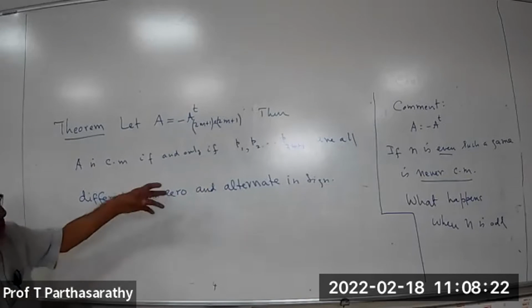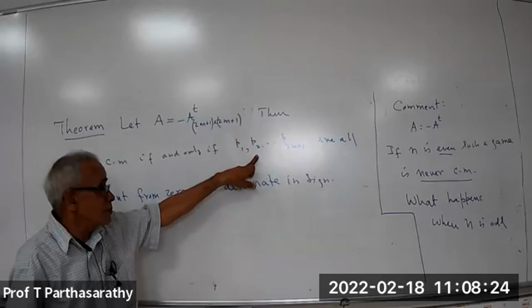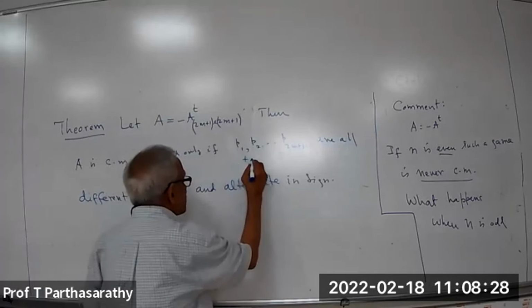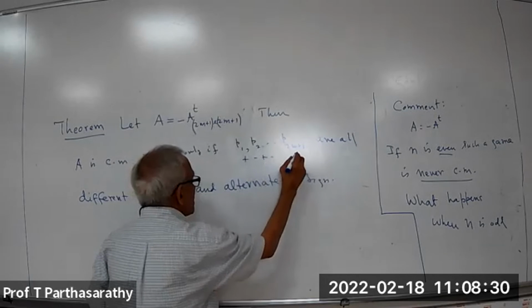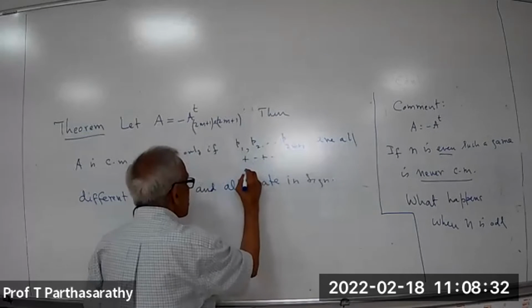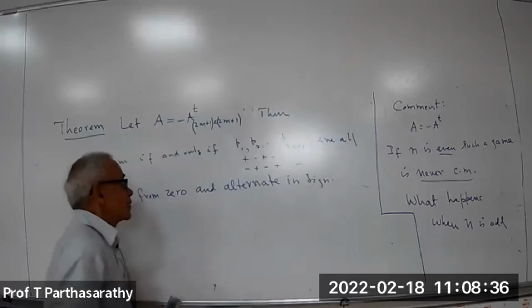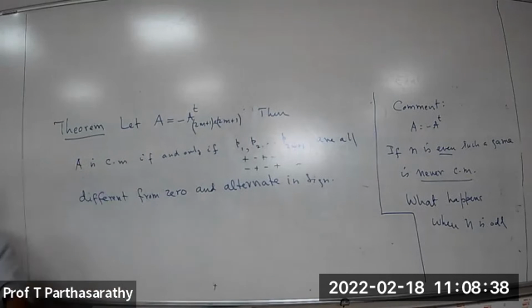That is, if P1 is positive, P2 should be negative. It will be of this type: plus, minus, etc., or it should be minus, plus, etc. Only 2 are possible. All are different from 0 and they should alternate in sign. So this is the result.